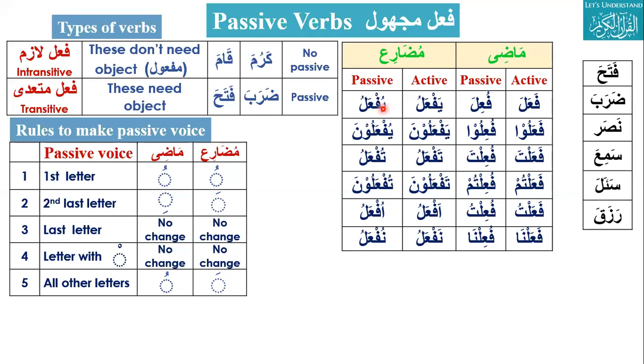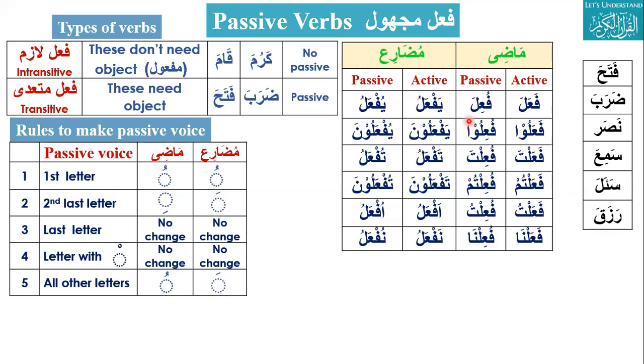Brother Farhan, Nasara, can you do the Mazi and Mudare passive voice? Nusira, Nusiru, Nusirta, Nusirtum, Nusirtu, Nusirna. Yunsaru, Yunsaruna, Tunsaru, Tunsaruna, Unsaru, Nunsaru. Very good.